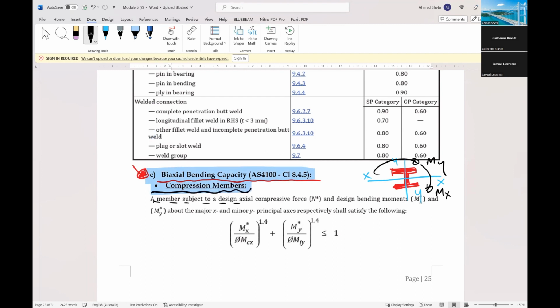So a member subjected to design axial compressive force and design bending moments Mx and My about major and minor axes shall satisfy the following.